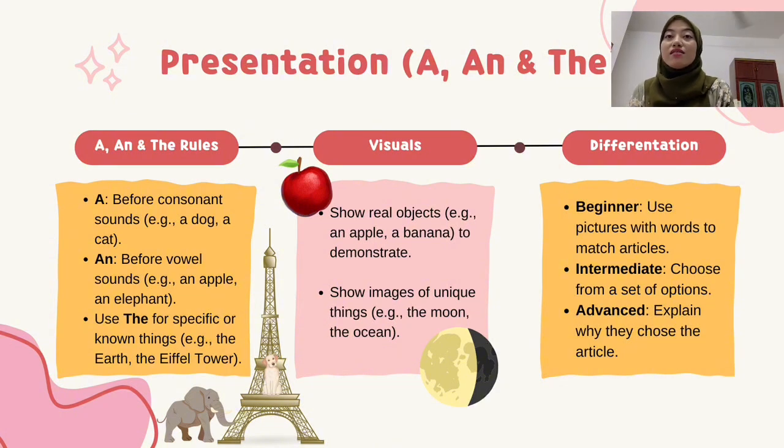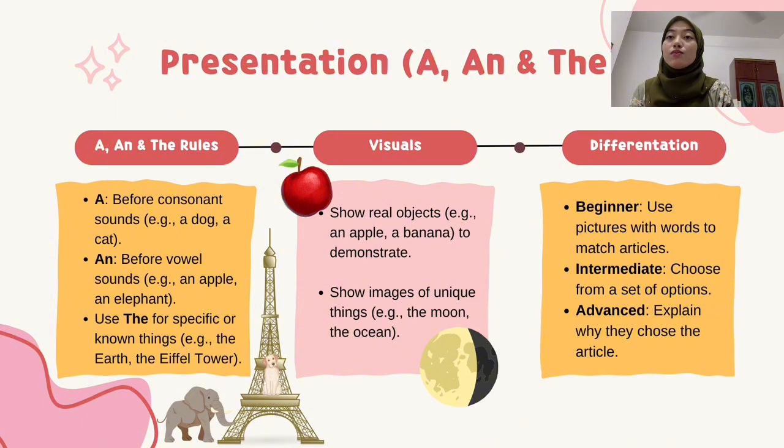Show them pictures of well-known things like the Eiffel Tower, the earth, the moon, to illustrate the concept of uniqueness and specificity. While the teacher explains these rules, integrate visuals on the board, maybe the real objects, or a flashcard with a picture of the moon.